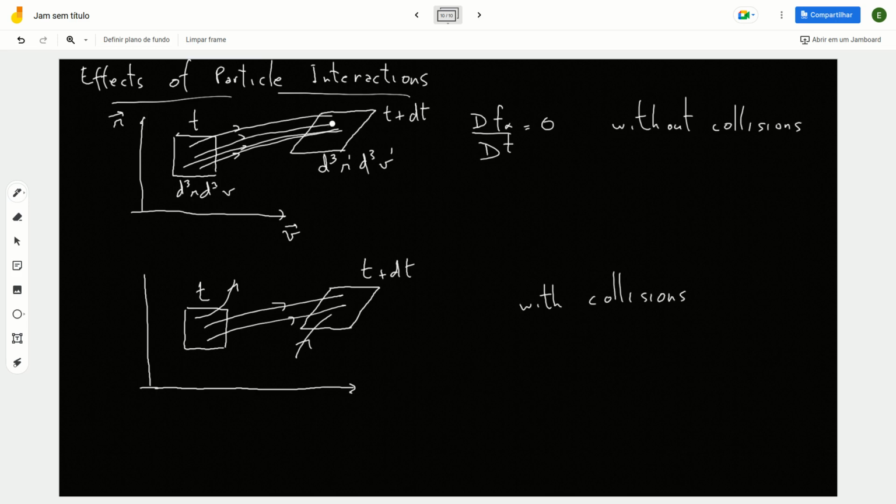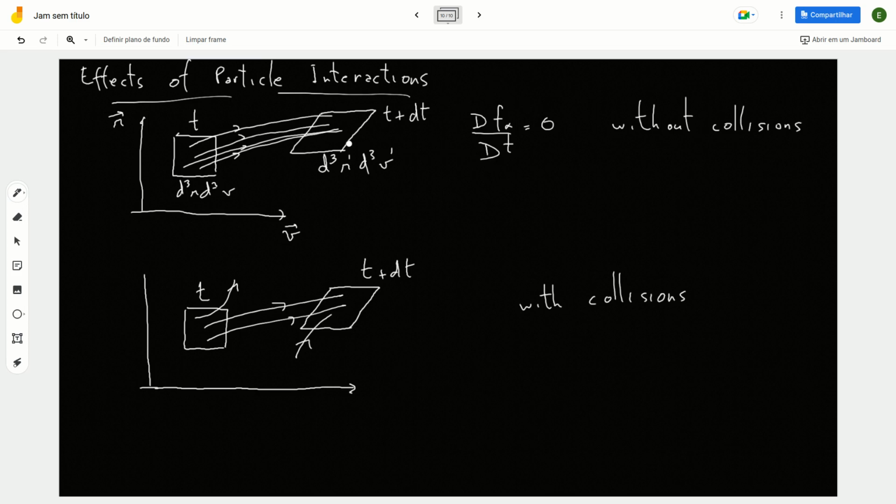Then with time this will deform into some shape, and the new volume will be the modulus of J times this. This is the new one at time t plus dt. Actually, we saw that J is equal to 1, so this is just the same volume, right? And all the particles stay inside it. So there are no collisions.